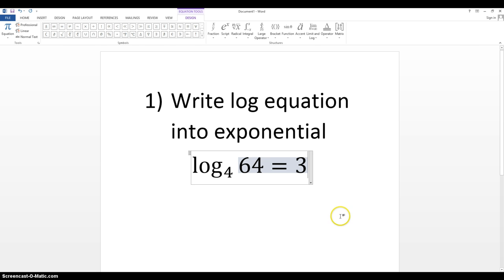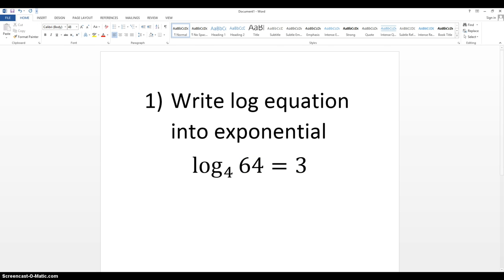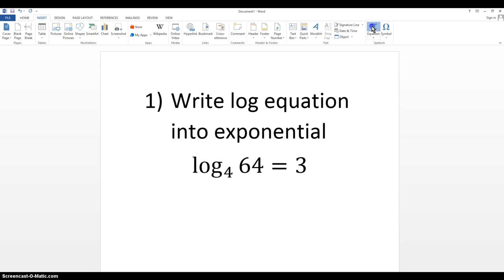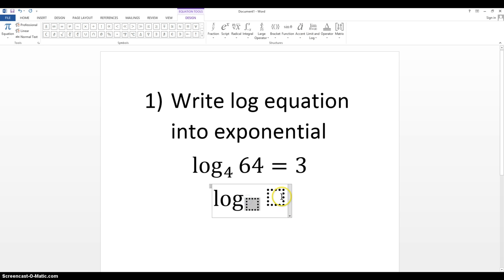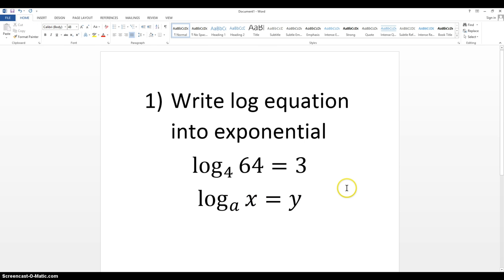Okay, the first thing you need to remember is that this is in log form, and if I remember correctly, the way that I express this was log of x base a equals what? Y, exactly.